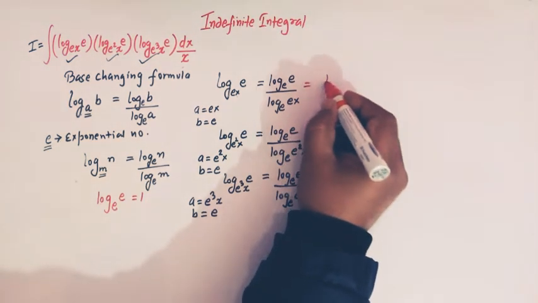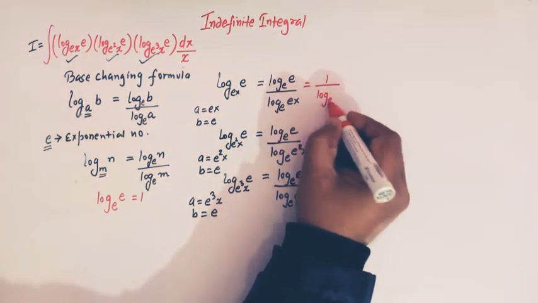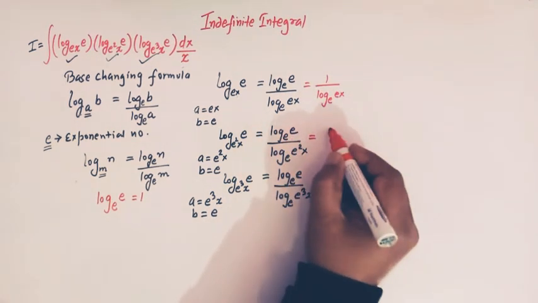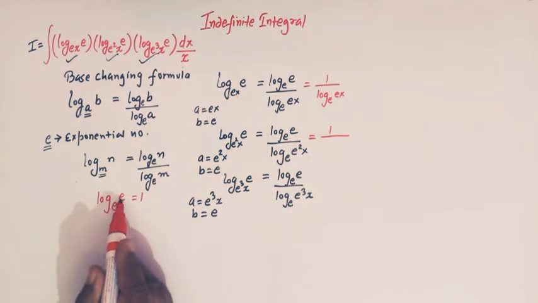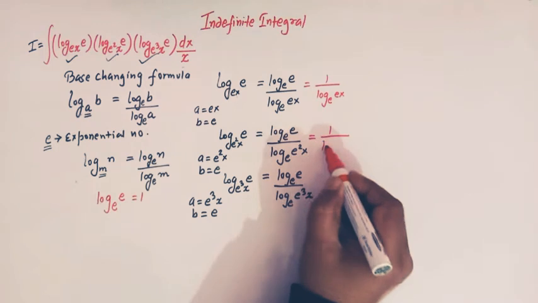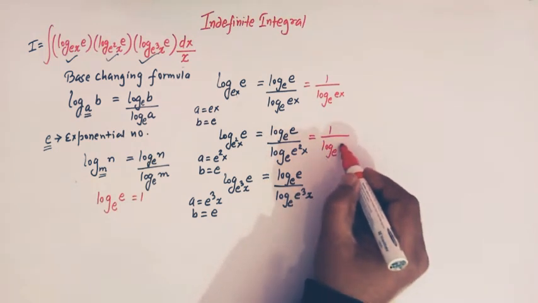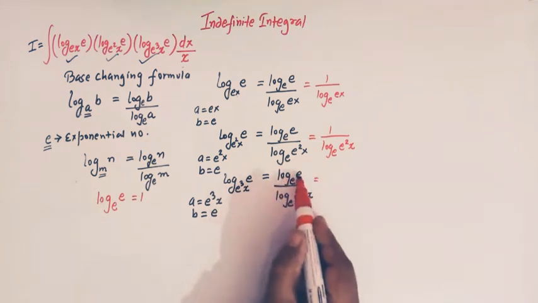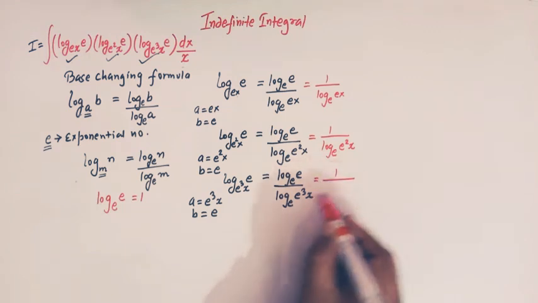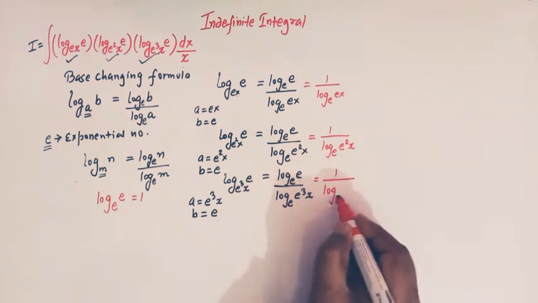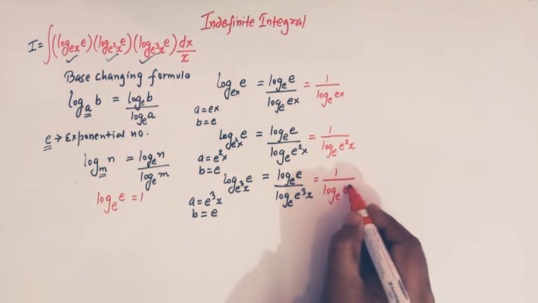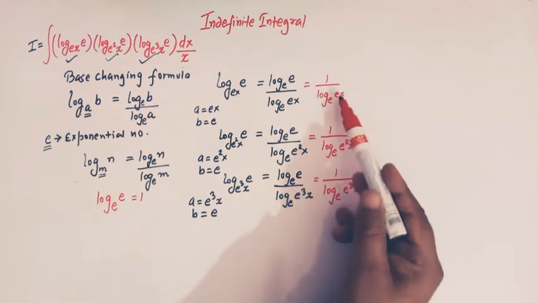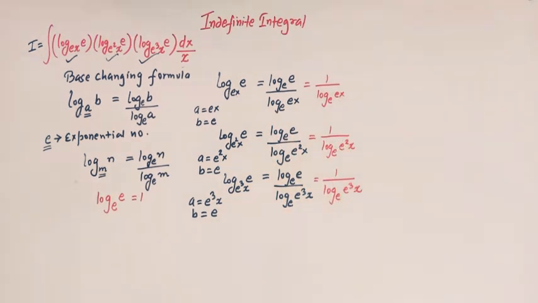So here we have 1 over log e^x, and here also log of e to the base e is 1, so we have log of e^2x, right? Similarly, here the value of log e to the base e is 1, and we have log of base e, and here we have e^3x, right? So now we have simplified these three terms to these terms, right?